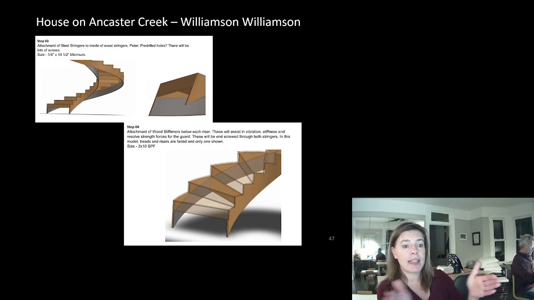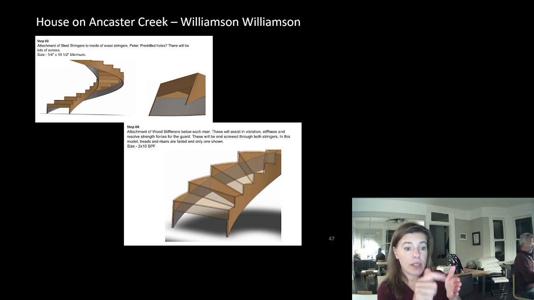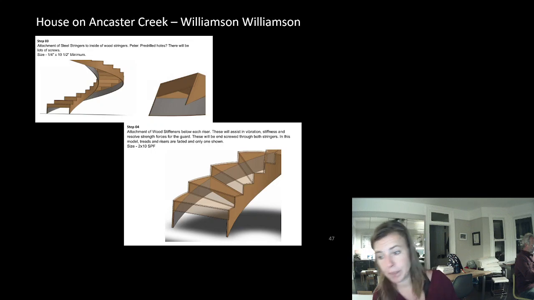If we can prevent something from buckling, we can make use of a lot more of its capacity, and you can get it very thin because we don't care about buckling anymore. We can use strength alone. And that was the idea here. The lots of screws are to prevent the steel from buckling, allowing me to keep it very thin and attach it to the inside of what was the wood template.